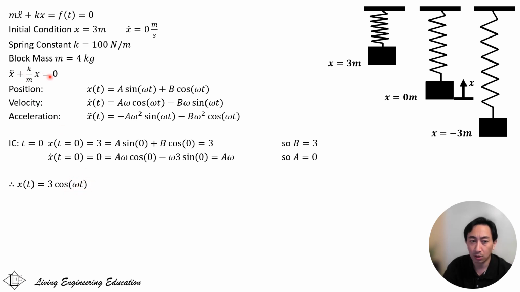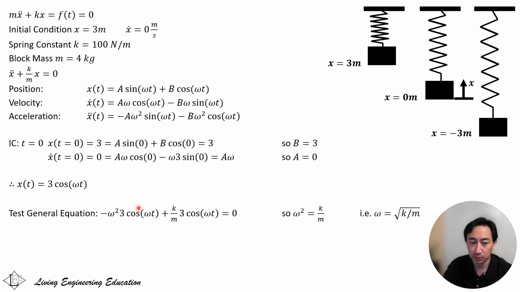So I can plug x double dot and x, the acceleration and position, into this equation. So that's what this is showing here. The acceleration is negative A omega squared sine omega t. Well, that's just 0 because A is equal to 0, minus B omega squared cosine omega t. So that's this first term down here, minus B, which is 3 omega squared cosine omega t, plus k over m times x. There's my k over m.